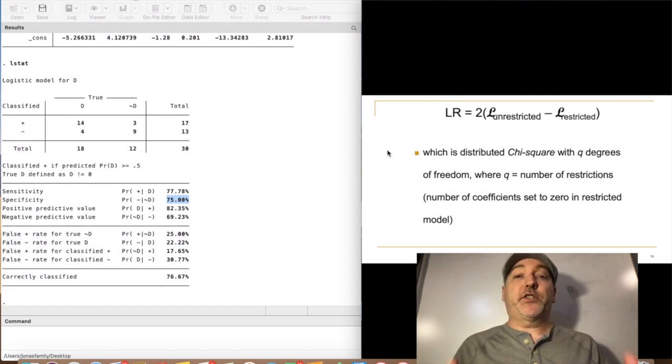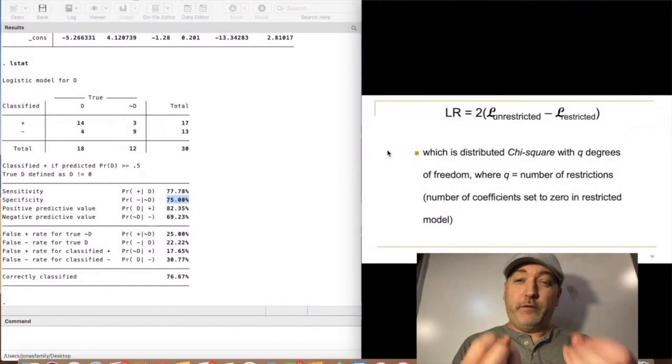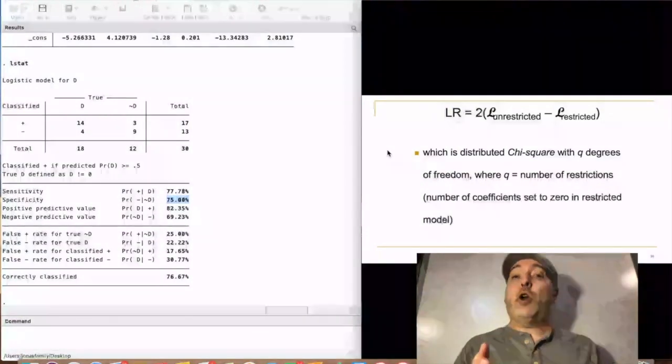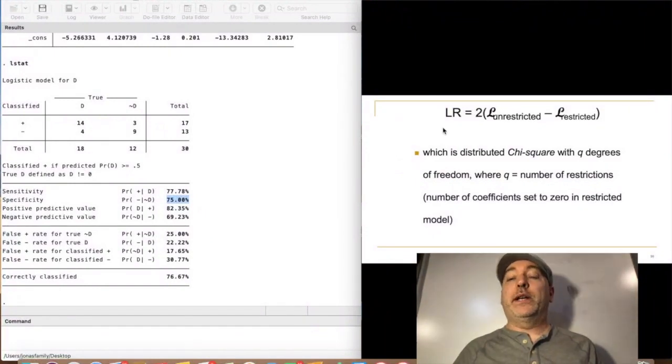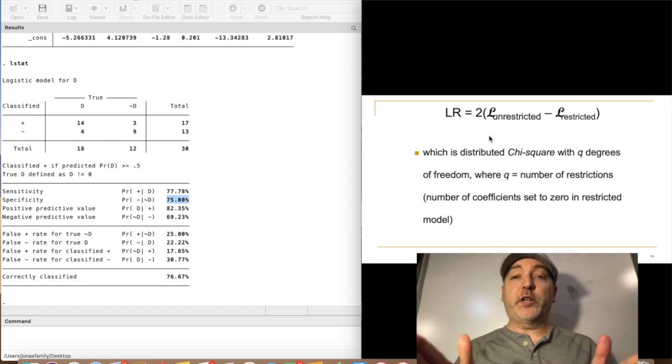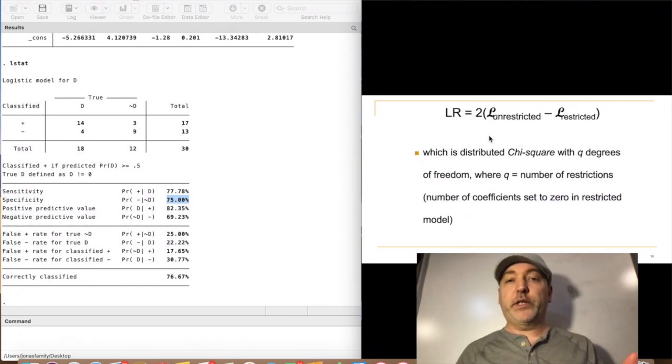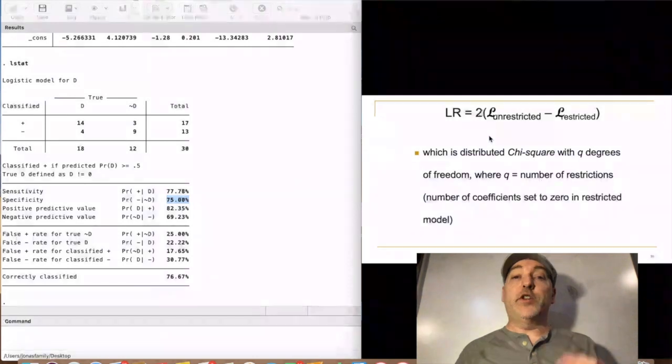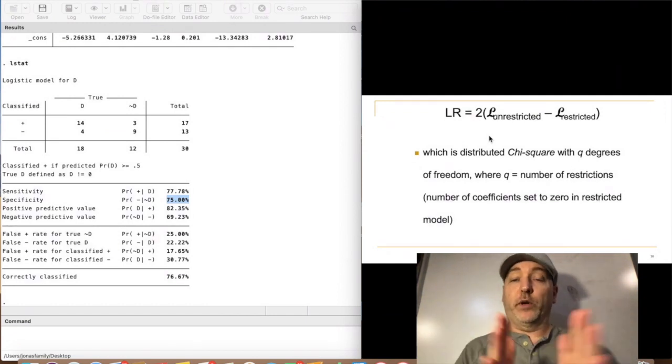It replaces the sum of squared residuals as a measure of fit with the log likelihood. So again, just scratching the surface here, but it can be shown that if we take two times the difference in log likelihoods between different competing models, a restricted and an unrestricted, that value will follow a chi-square distribution, where the degrees of freedom are the number of restrictions that differentiate those models.